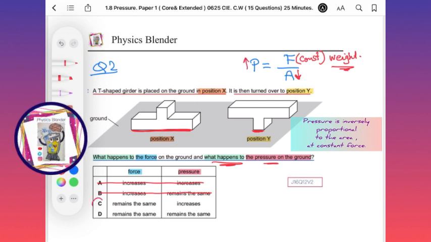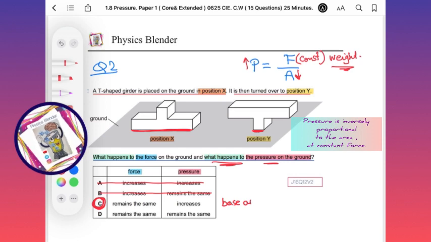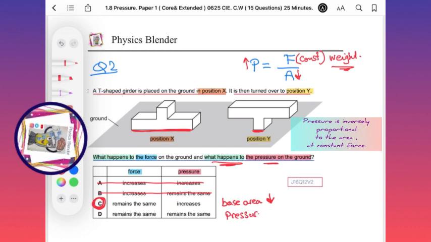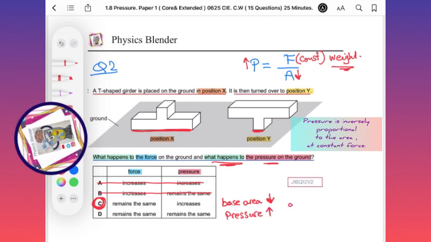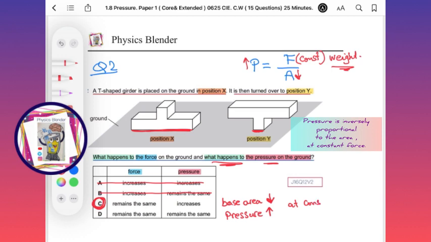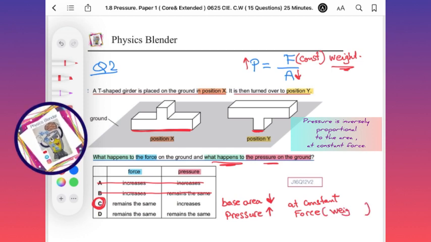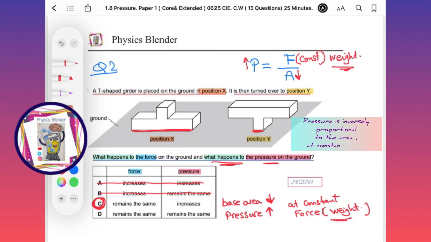So the correct answer is C. Base area decreased, pressure increased at constant force. And the applied force here is the weight of the object. Is it clear?